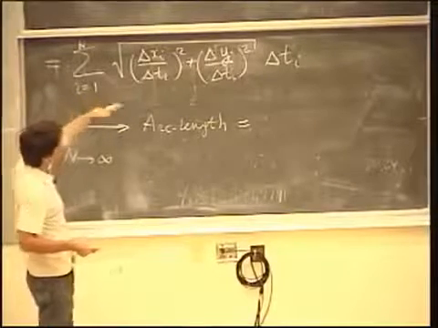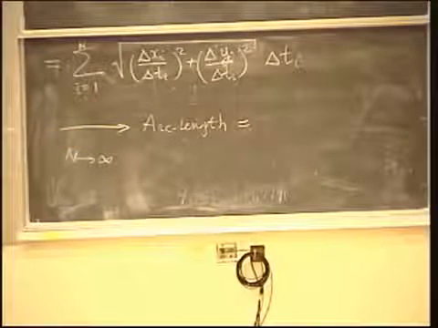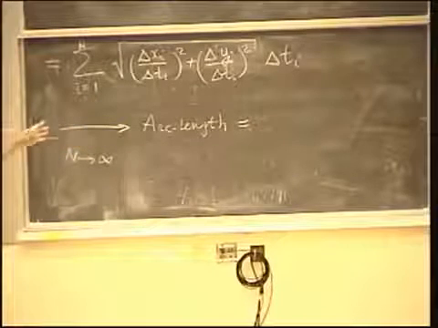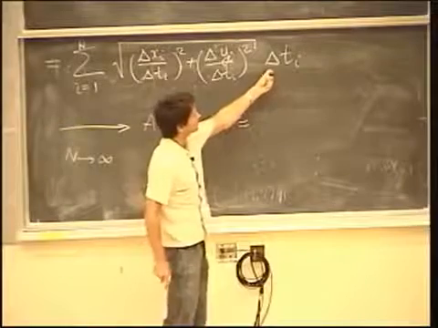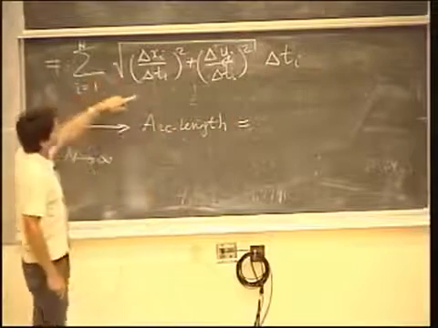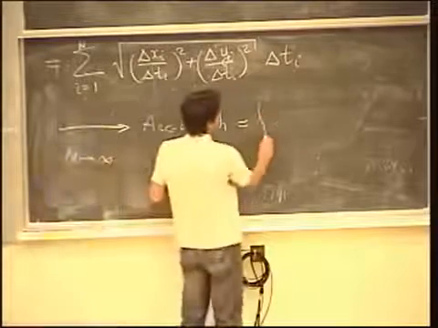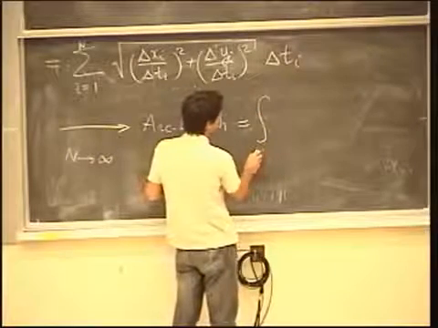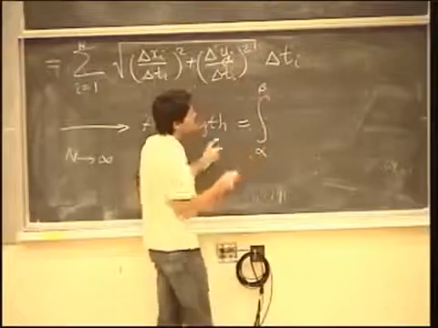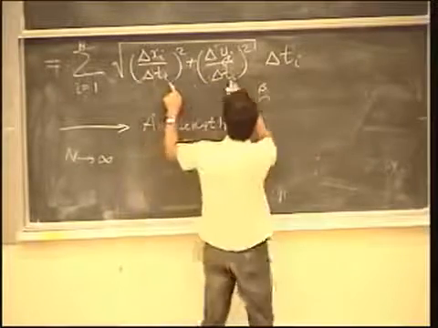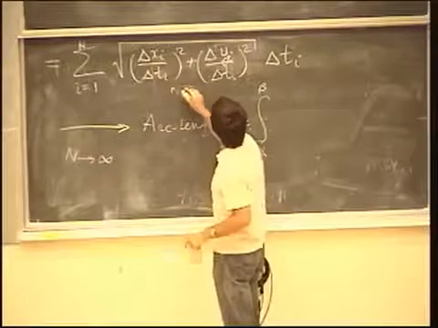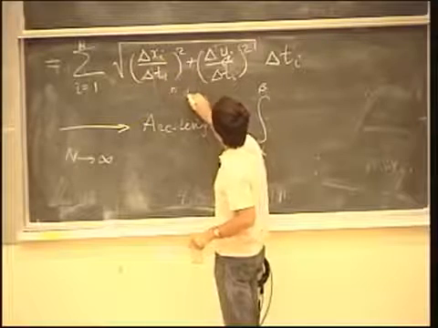And so if you remember how the integral in one variable is defined, this is really going to be an integral in one variable because it's just a summation in one variable. So this is going to be precisely what we call the integral from t equals alpha to t equals beta, which are the endpoints, of this expression in which, instead of delta x over delta t, you substitute dx dt.